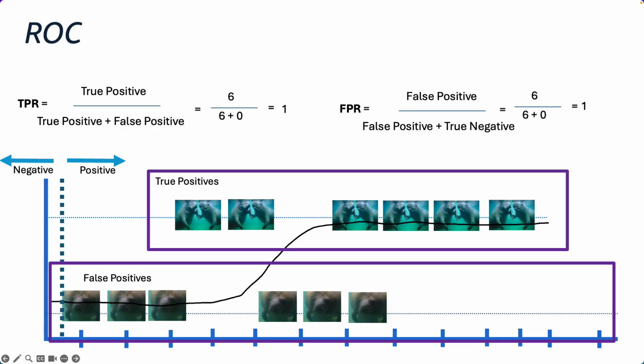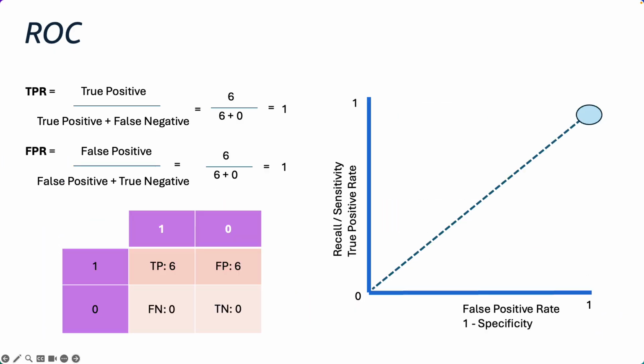So we add in 2 6s and 2 0s. And then we can calculate the TPR, which equals 1. Then we can calculate the FPR, which also equals 1. And we end up with a point on our graph at the upper right-hand side.